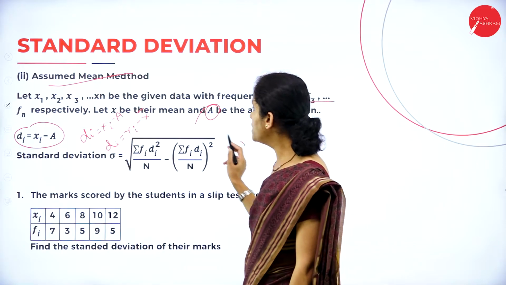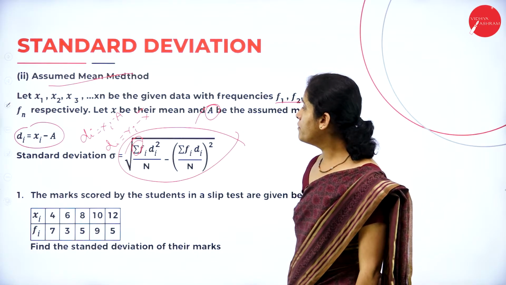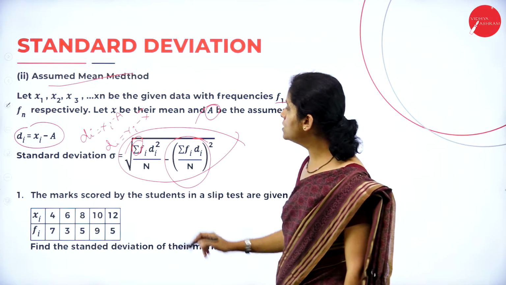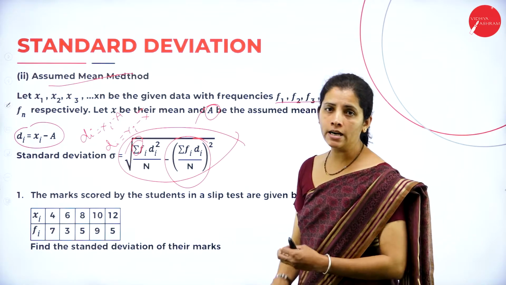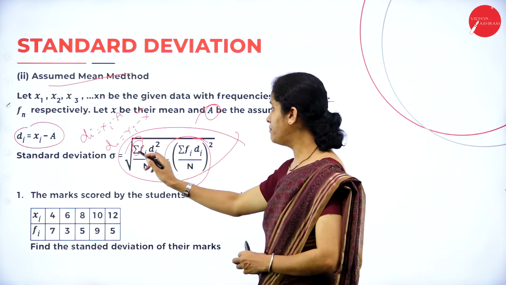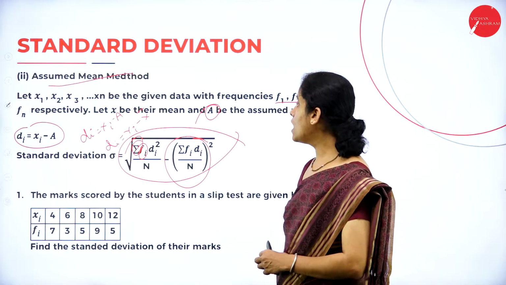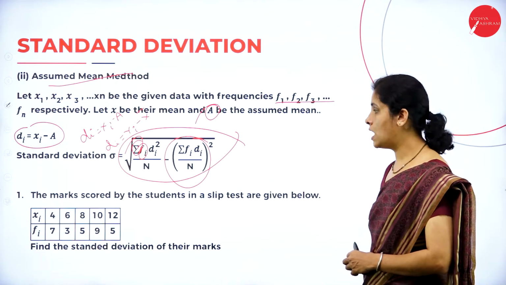Now, the formula here is, I want summation of Fi di by n whole square. It is whole square. Okay, now what are the fields I required? I required Fi. I want to find out di square, and I want to find out Fi and Di.